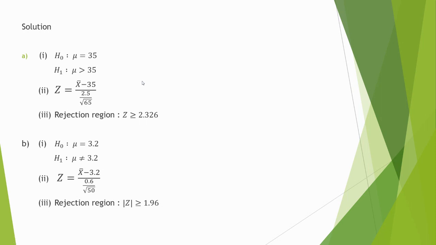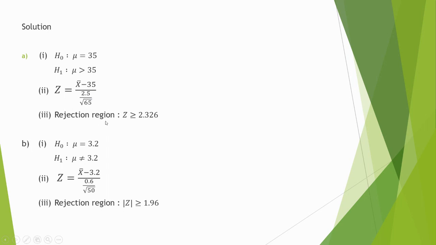And then you have to find the Z value, the standardized test statistic: X bar from your sample minus mu, over sigma divided by root n. And then you find the test statistic.